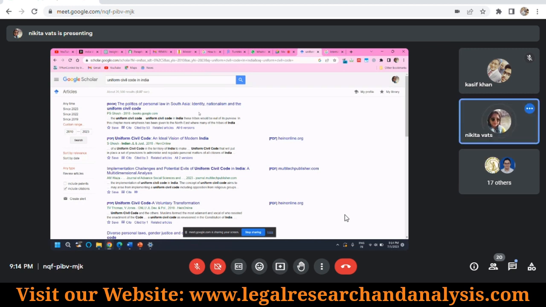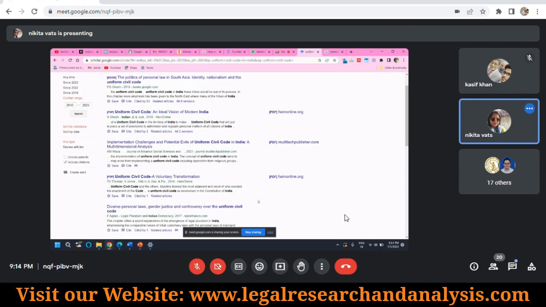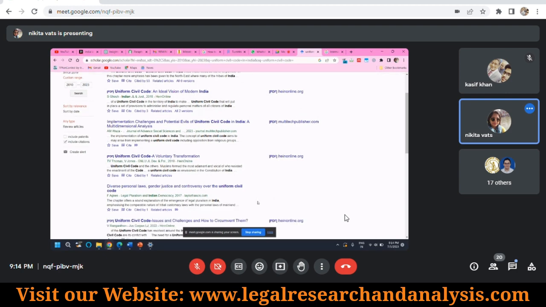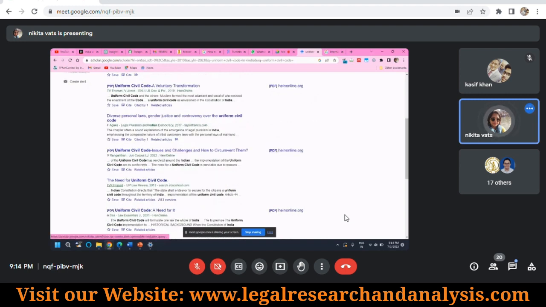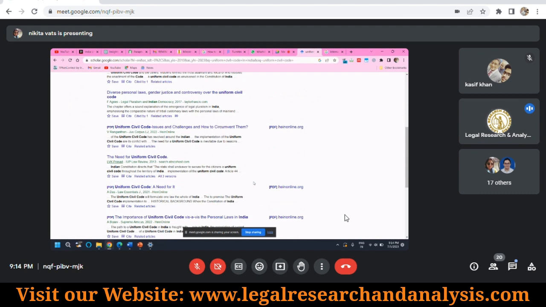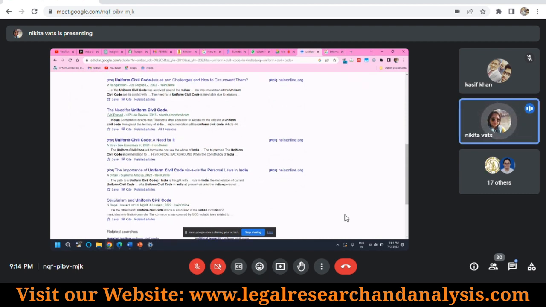See, there is a whole book. Can you see the literature which is already there on this? So you need to analyze this literature and find out the gaps. And trust me, you don't have to read everything that comes up here.